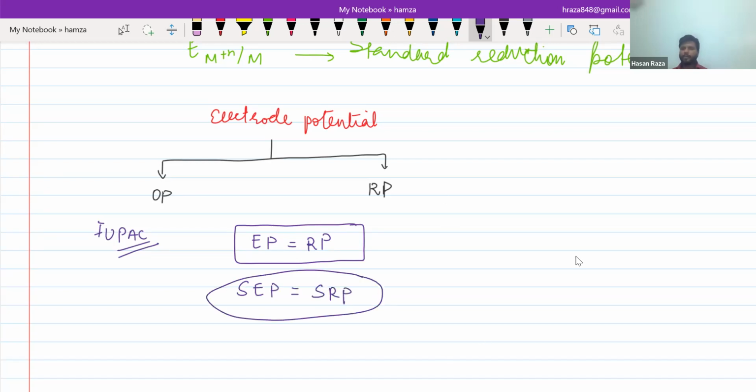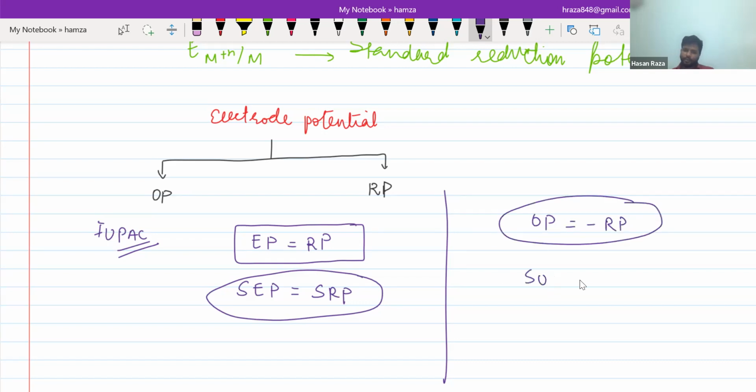One more thing you have to remember is that the potential for gaining electron will be equal to potential for losing electron, but they are opposite in sign. That means basically oxidation potential will be equal to minus of reduction potential. So a standard oxidation potential will be equal to minus of a standard reduction potential. Always remember that.